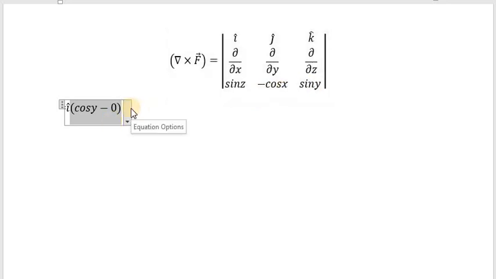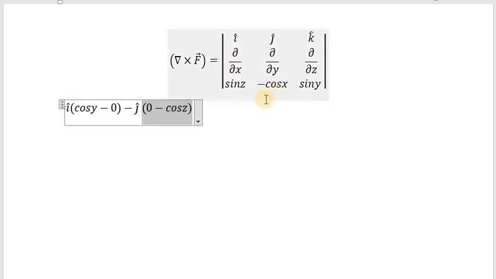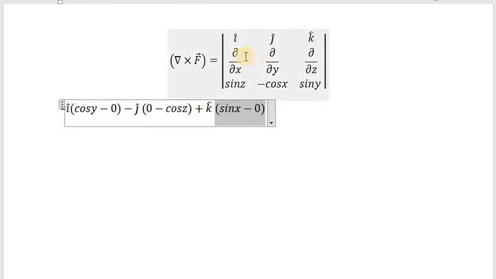Then the next term with j: minus j into dou by dou x of sin y minus dou by dou z of sin z. Dou by dou x of sin y is 0, and dou by dou z of sin z is cos z. Then with k: dou by dou x of minus cos x, which gives sin x, minus dou by dou y of sin z, which is 0.